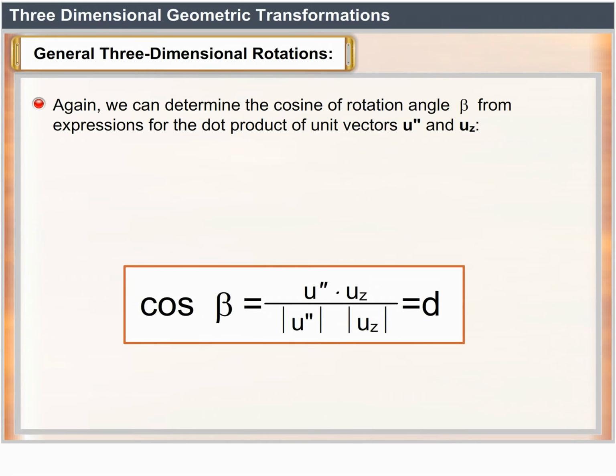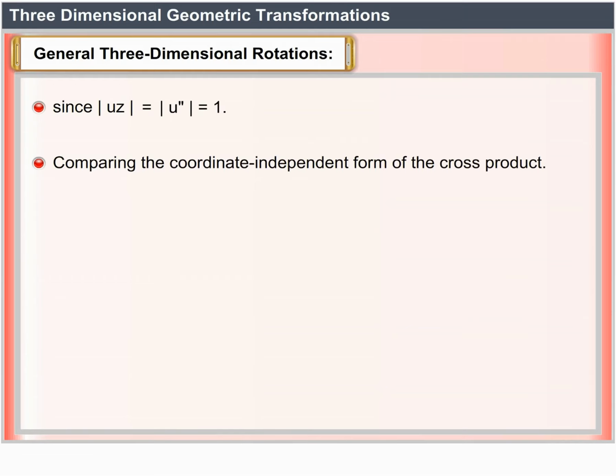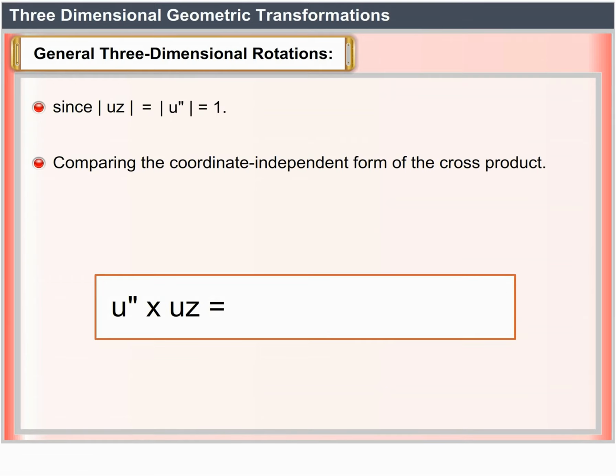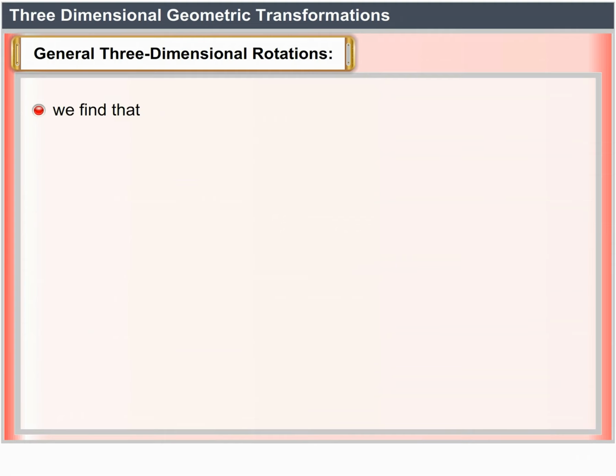Comparing the coordinate independent form of the cross product, u'' × uz equals uy |u''| |uz| sine beta, with the Cartesian form, u'' × uz equals uy and minus a, we find that sine beta equals minus a. Thus, the transformation matrix for rotation of u'' about the y-axis is as shown below.